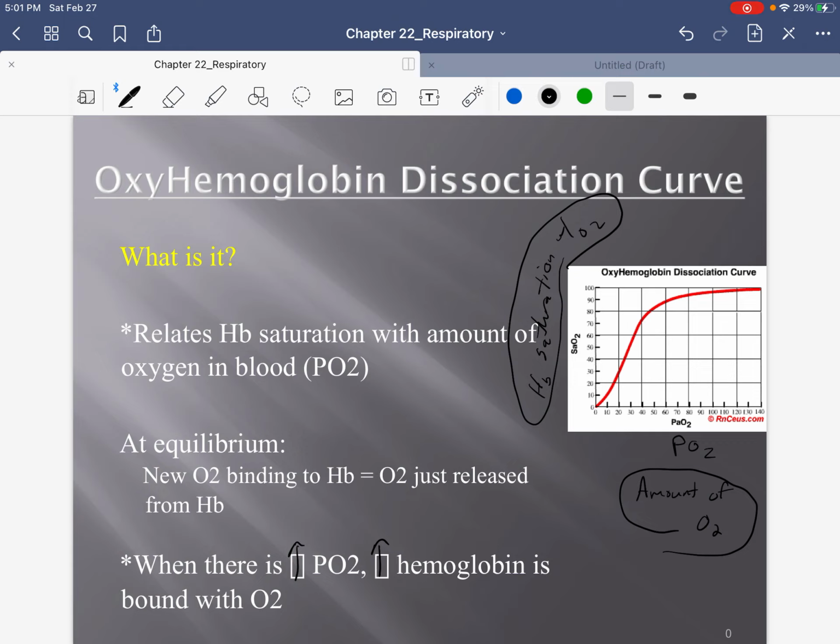Remember, each hemoglobin can hold 4 oxygens? Well, if we have a lot of oxygen, we can fill more hemoglobin. And the curve shows us that. At the beginning, when we don't have that much oxygen, we don't have that much hemoglobin saturation. But once we are able to provide more oxygen, well, then we can fully saturate hemoglobin. Okay. So understand just what it is.